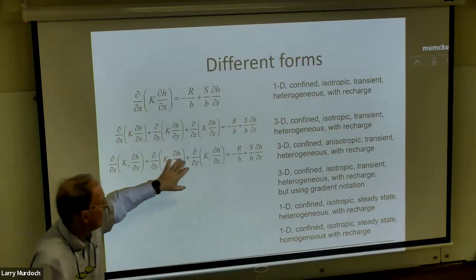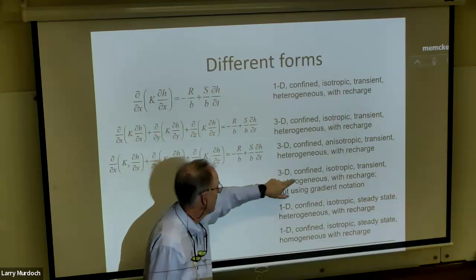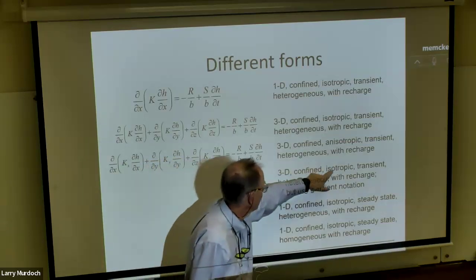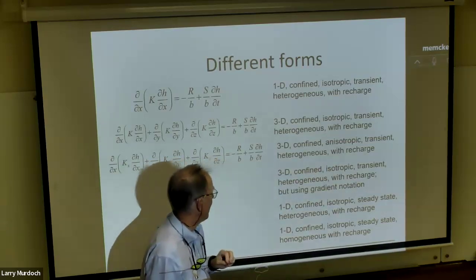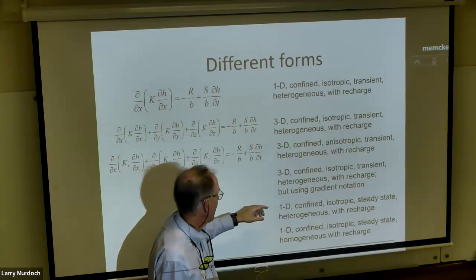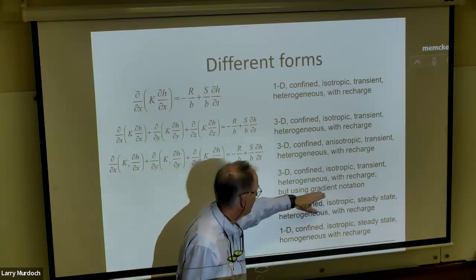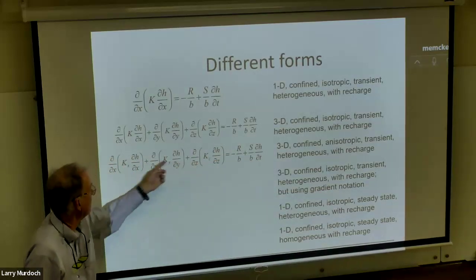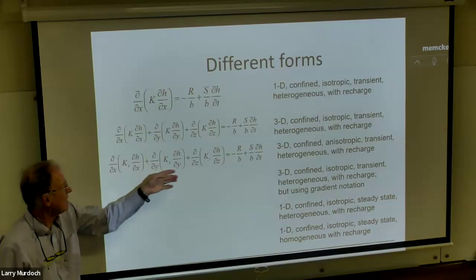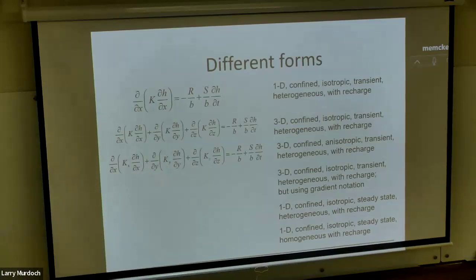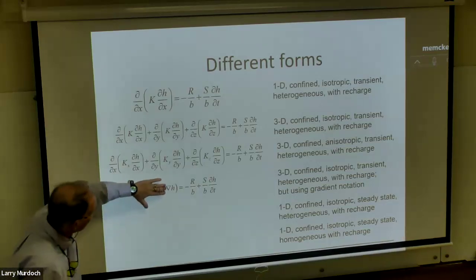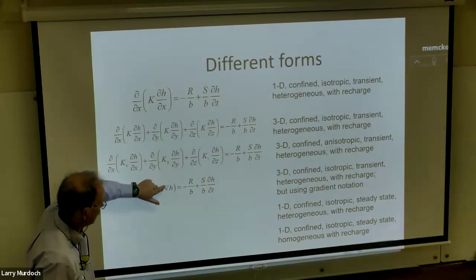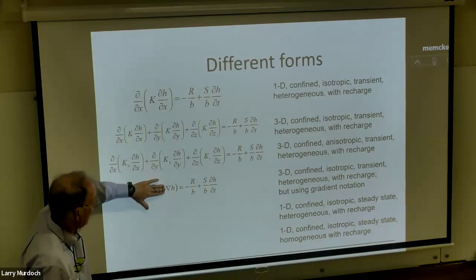Okay, so now we're going to change it again. We're going to switch it back to isotropic, and we're going to change the notation. So this is kind of cumbersome notation. It's kind of nice because you can see what's all going on, but often you'll see it written like this. That thing there is the gradient operator.